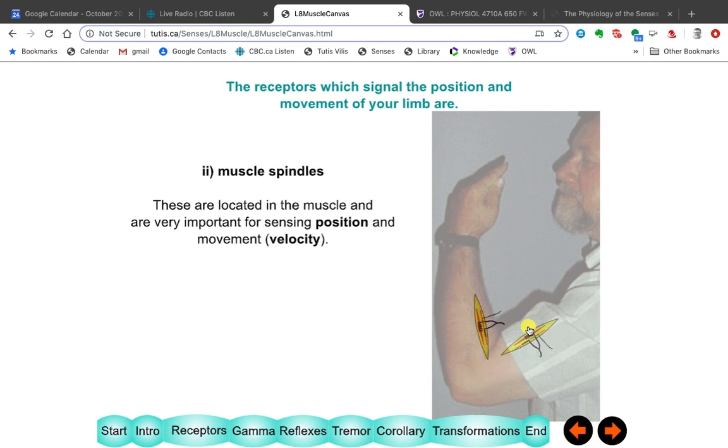Another receptor is called the muscle spindle, and it is located within the muscle itself. And it's very good at sensing both the position, the length of the muscle, and how fast that muscle is shortening or lengthening.